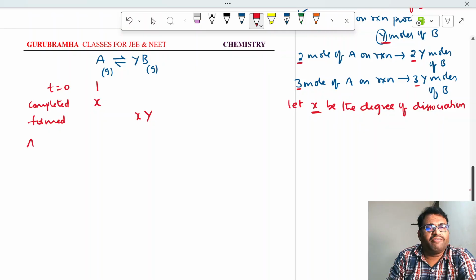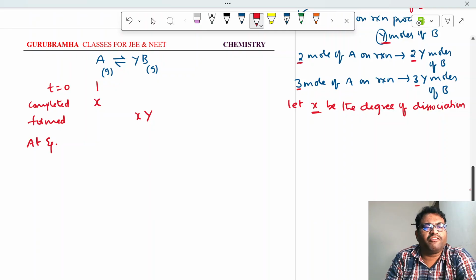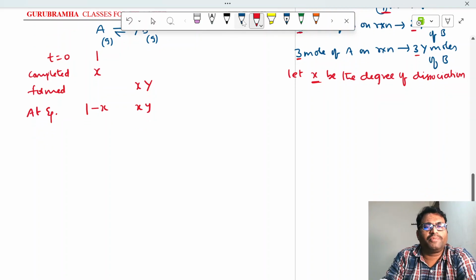Then at equilibrium, what is the number of moles of A? 1 initially present, so 1 minus X. The number of moles of B present is XY.